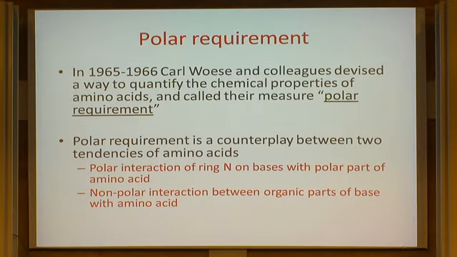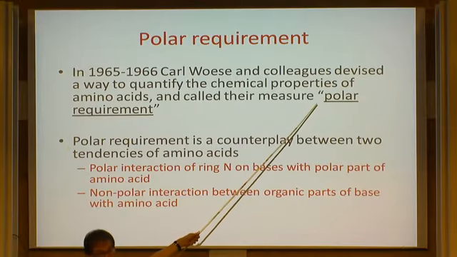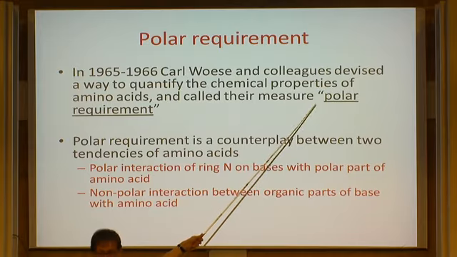Now this was first noticed by Carl Woese in 1965, 1966, and he devised a way to quantify this evolution of the chemical properties, and he measured it, and this measure has a name. It's a very bad name, and it's called the polar requirement.